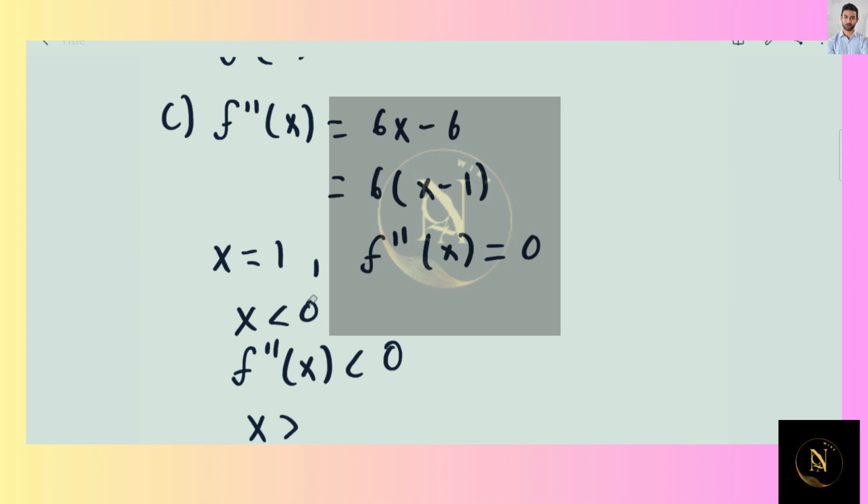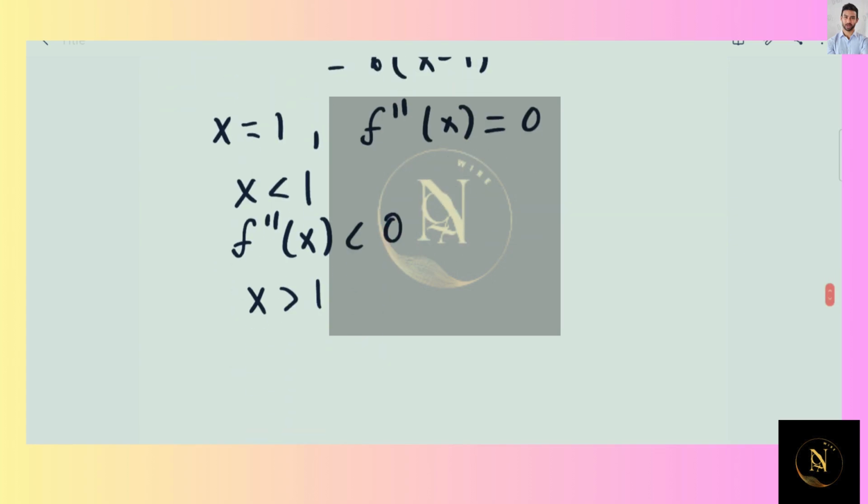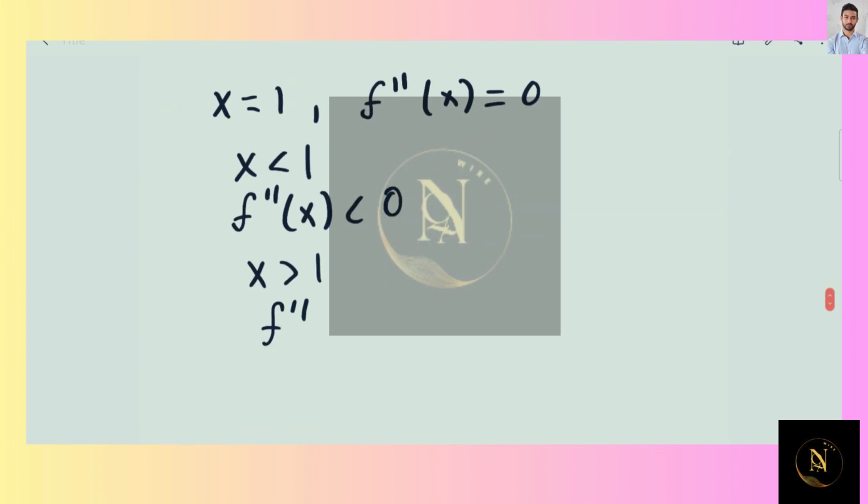Sorry, I should not have been looking at x less than 0 and x greater than 0. This should be x less than 1 and x greater than 1. So if we plugged in a value of 0, we would have negative 1 times 6, which is still negative. So yes, we do have our second derivative being less than 0 when x is less than 1. And when x is greater than 1, if we plug in a value, let's just say of 2, we have 2 minus 1, which is 1, times 6 is 6, which is positive. So our second derivative of f of x is positive when x is greater than 1.